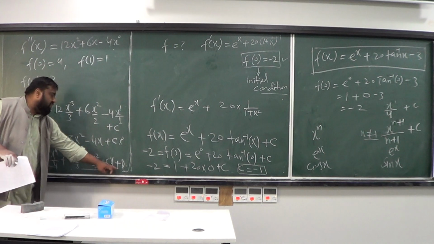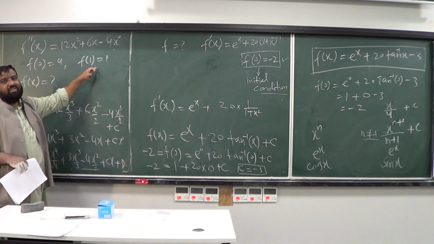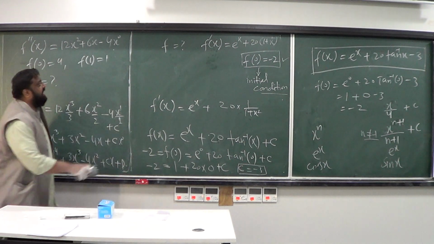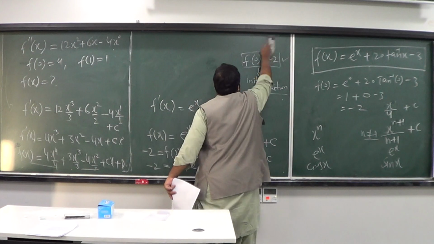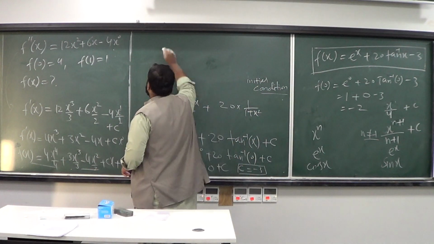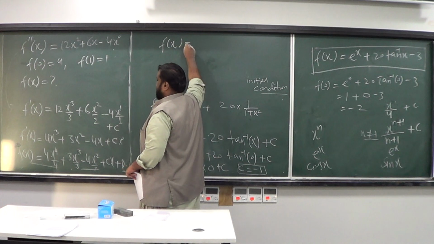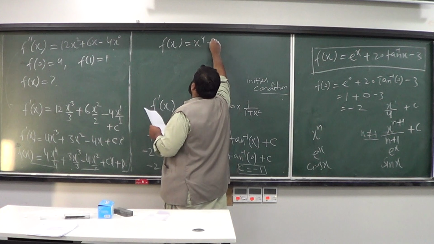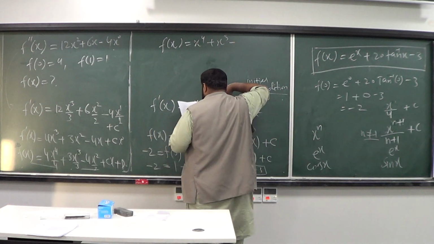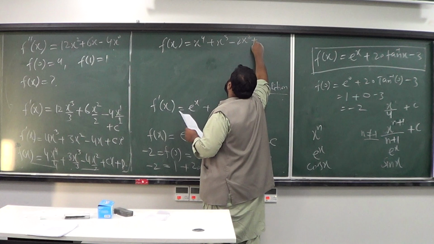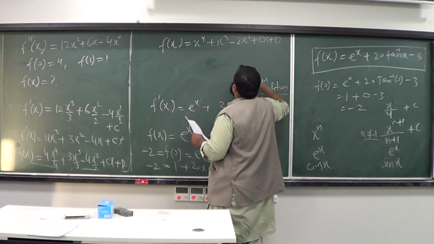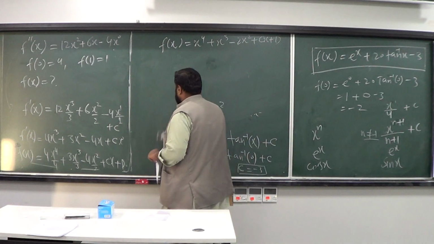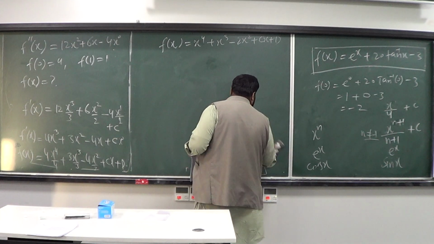Now you have two unknown constants, therefore two conditions are given to you so that you can find these two constants. If you simplify this, you're going to get f of x equal to x power 4 plus x cubed minus 2x squared plus cx plus d.